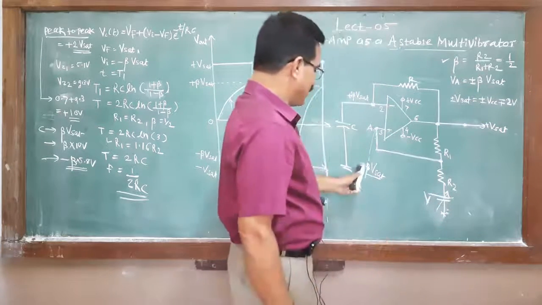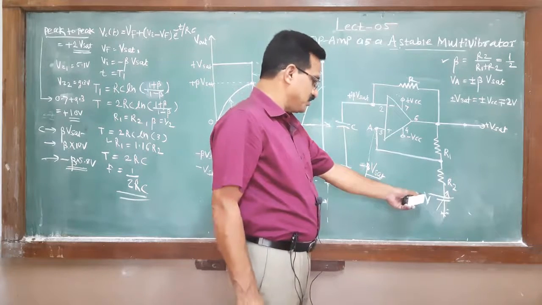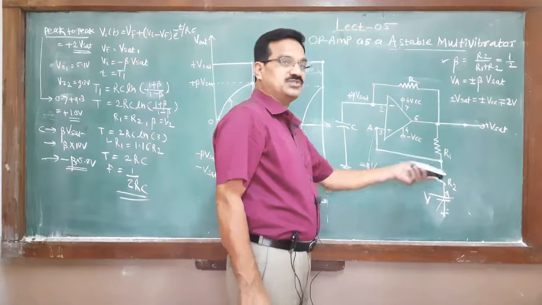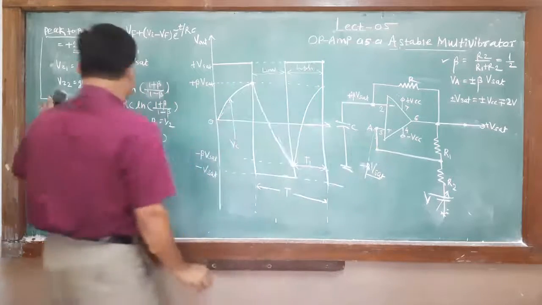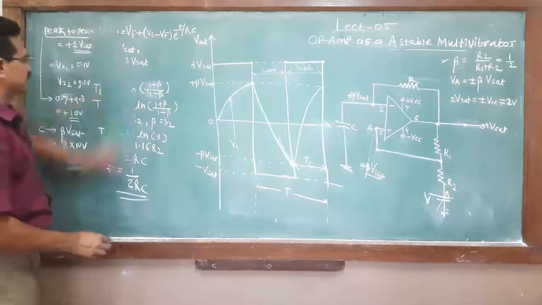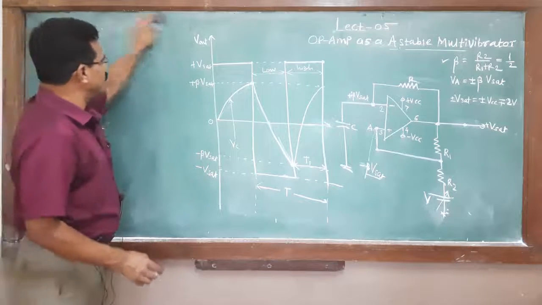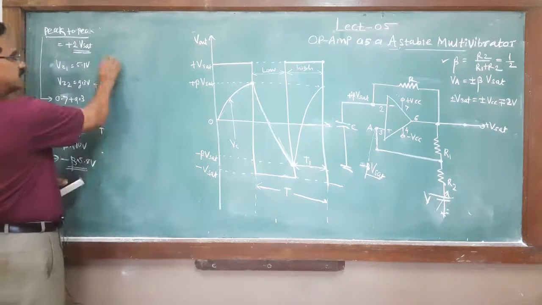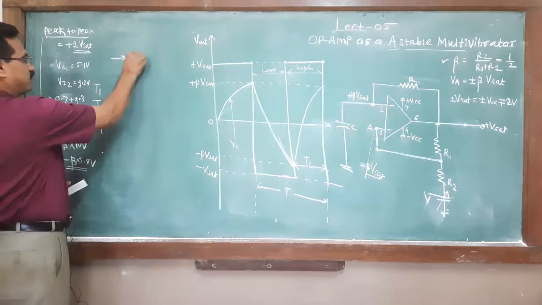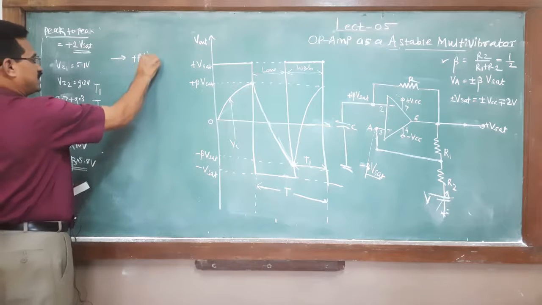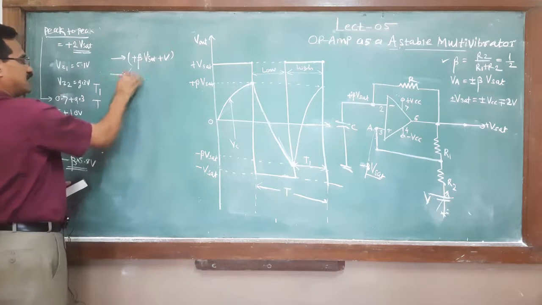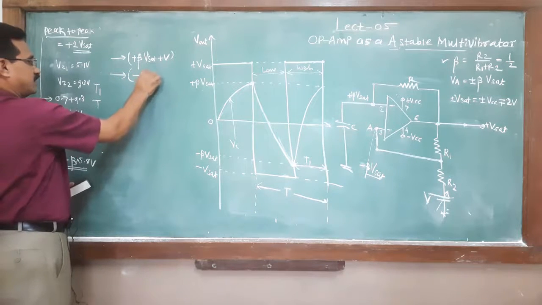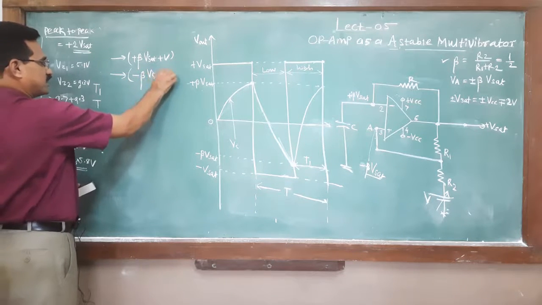Here is plus beta into V saturation plus V and minus beta into V saturation plus V. Here is the voltage. You remember the threshold levels: plus beta V saturation plus V, and another threshold level minus beta V saturation plus V.